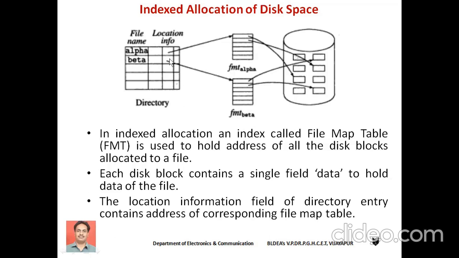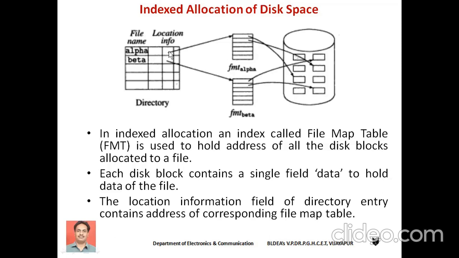However, in the directory entry, in the location information, we store the address of these file map tables. In case of the alpha file, the location information field contains the address of FMT alpha. That is, the address of the file map table of alpha we are going to store as the location information.